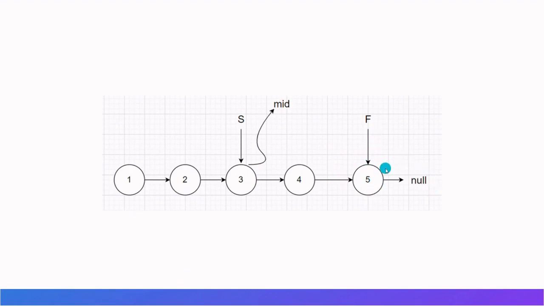So here we are going to stop the iteration, and we are going to see the slow pointer, which is going to be at the middle. Fast is going 2 steps at a time, so it is going to consume the list twice as fast as slow, and the half of the list is going to be the middle. That's why we are taking slow pointer to be at mid. So this is the demonstration.